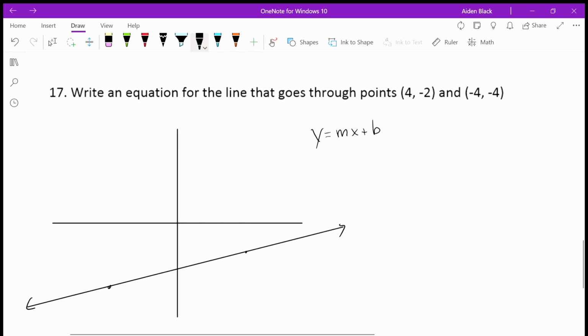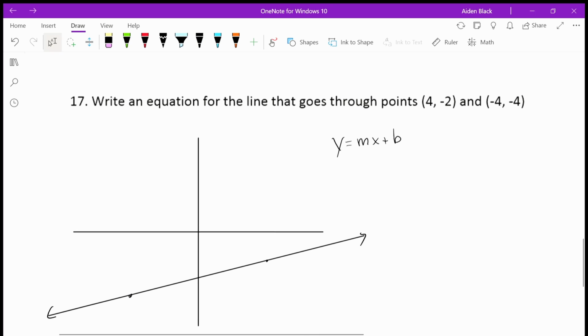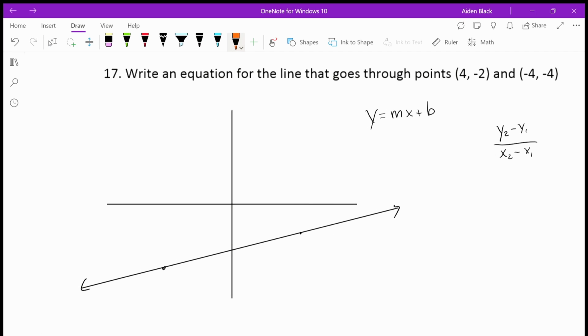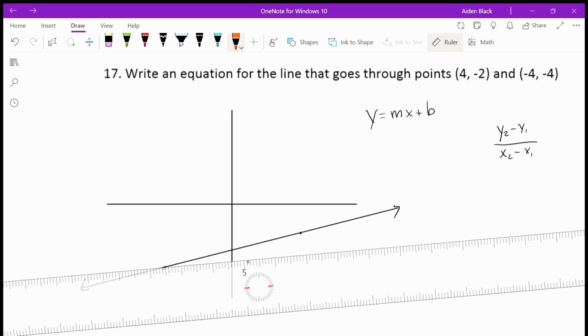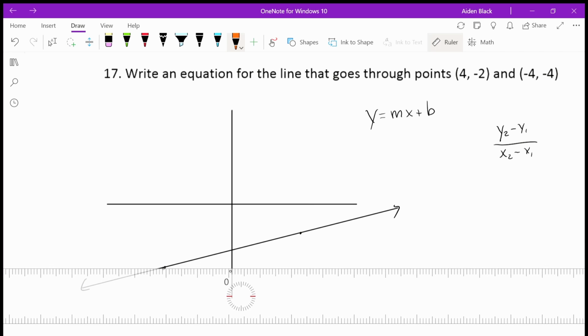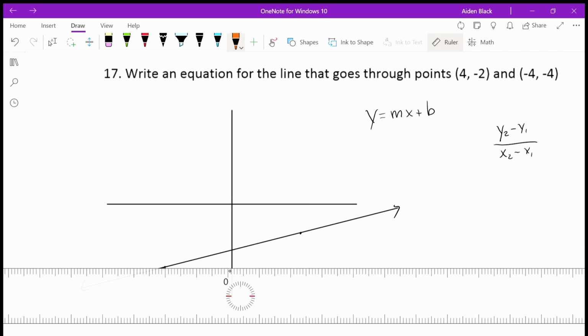But since we have these 2 points, 4, -2, and -4, 4, we can find the slope. So you can either use your slope formula, or you can just look at your rise over your run. If you have a grid, it's a little easier to see.